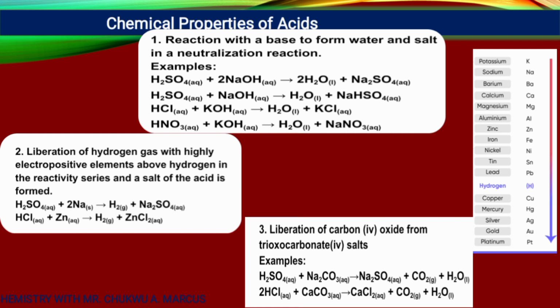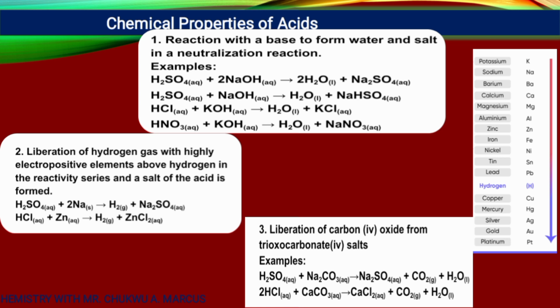So we have liberation of hydrogen gas with highly electropositive elements. As you can see at the right hand side, all those elements, including lead and tin, are above hydrogen, so they can displace hydrogen from acid. So we have liberation of carbon dioxide from trioxocarbonate(IV) salt.